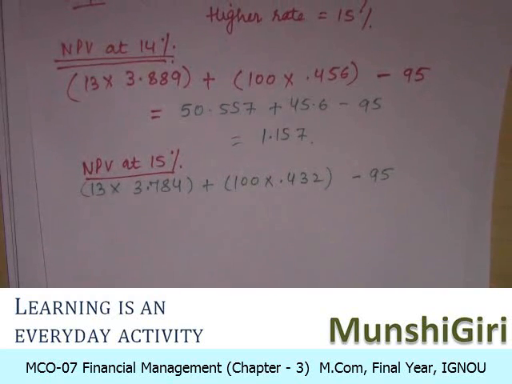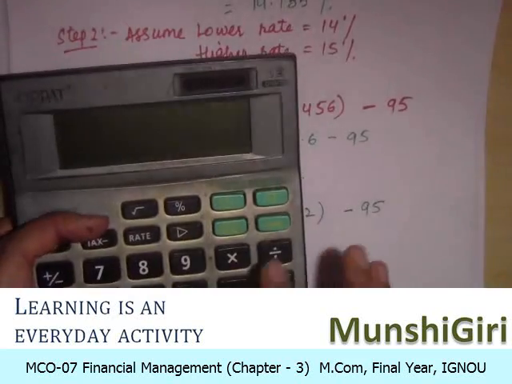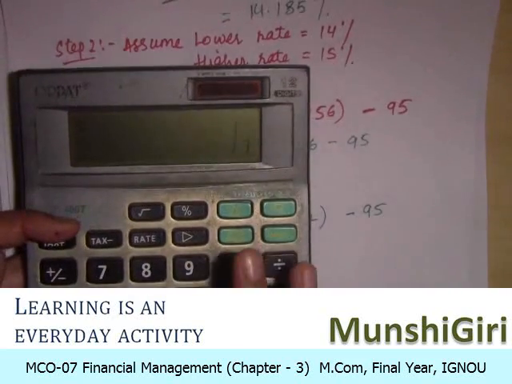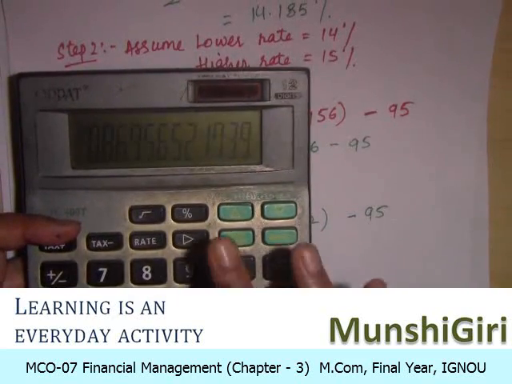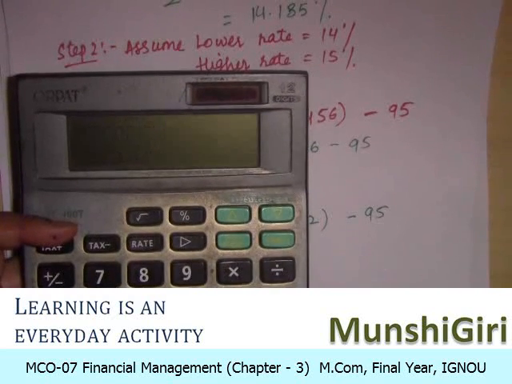Shall I show you once more how to calculate this? This is 1 divided by 1.15 equal to, for the first year, memory plus, second, third, fourth, fifth, sixth, and memory recall.